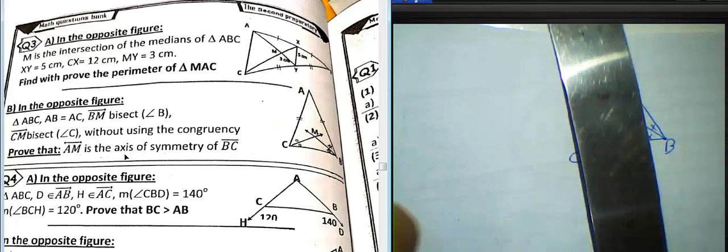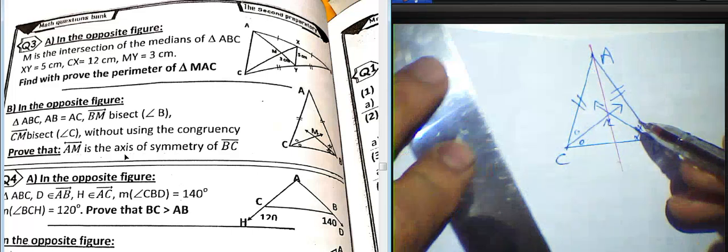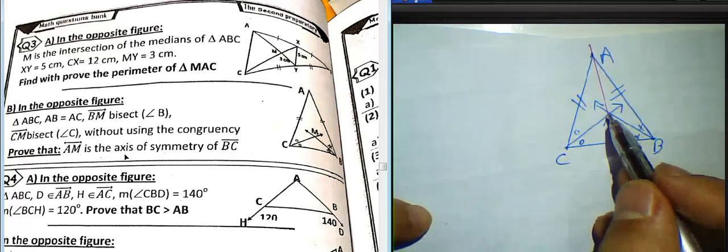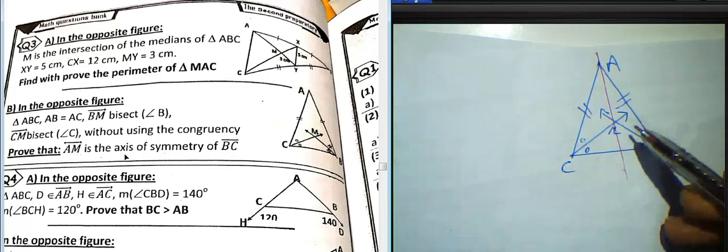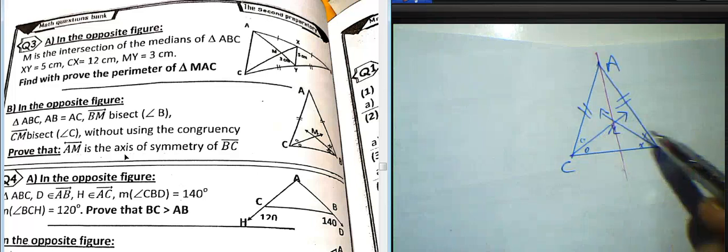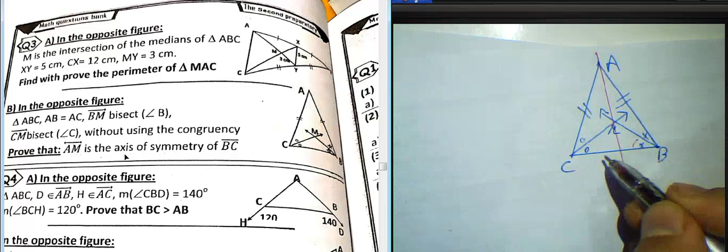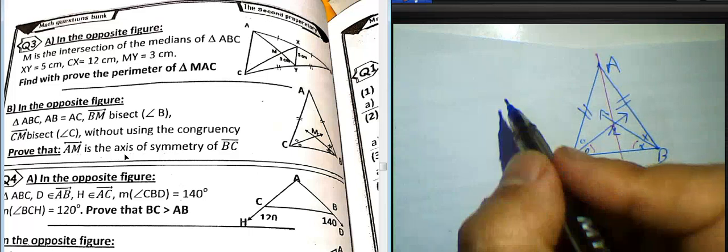You must ask yourself why AM will be the line of symmetry. We must prove that MC equals MB, and he gave us AB equals AC. If you prove that MC equals MB, you will get that the measure of angle B equals the measure of angle C. Look at this example with me.